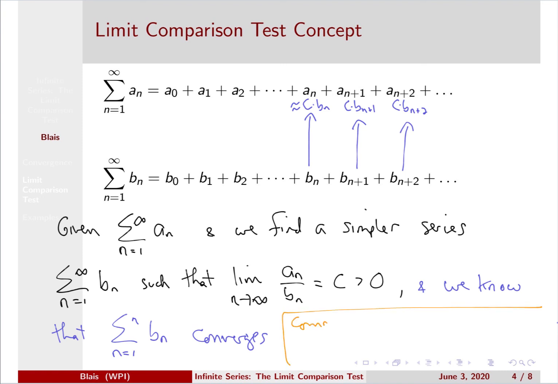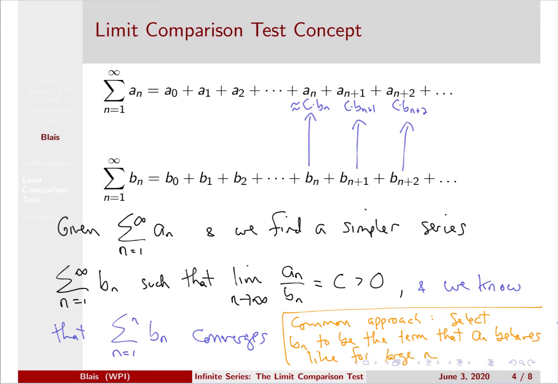Common approach: we select b sub n to be the term that a sub n behaves like for large n.